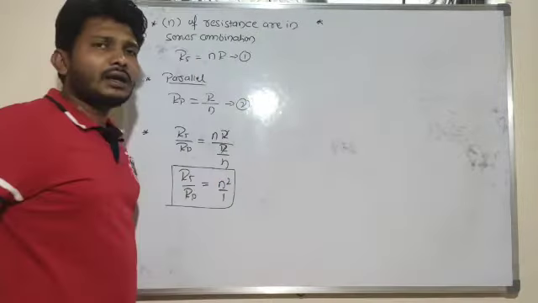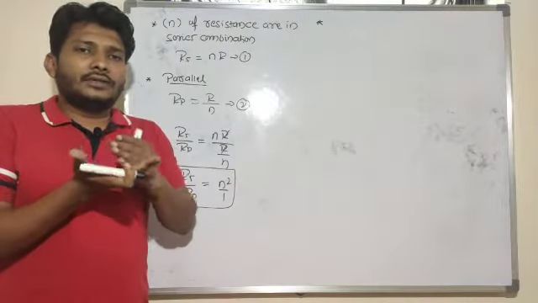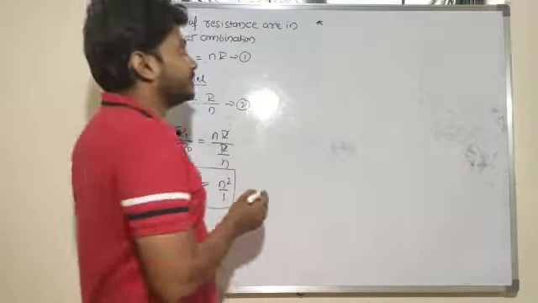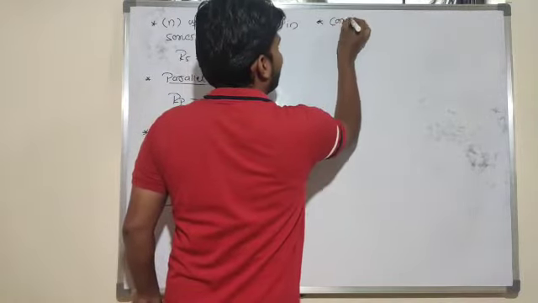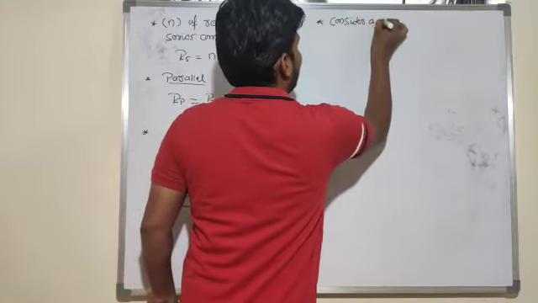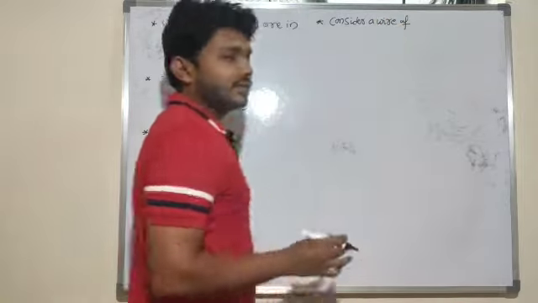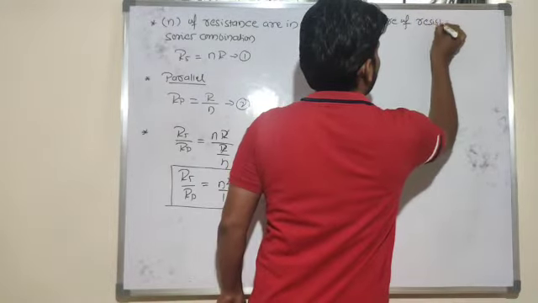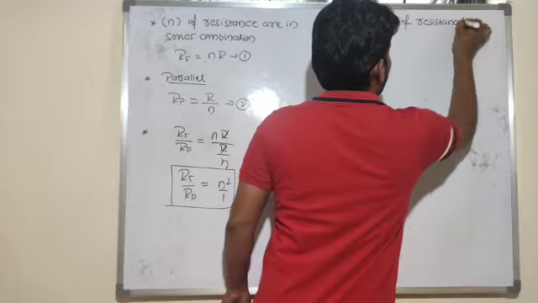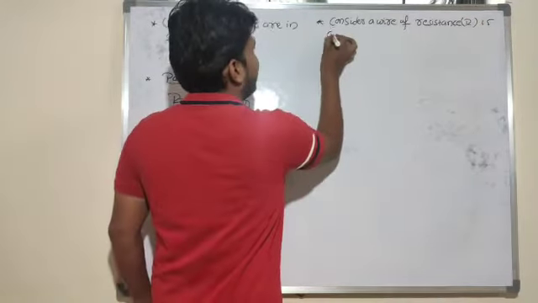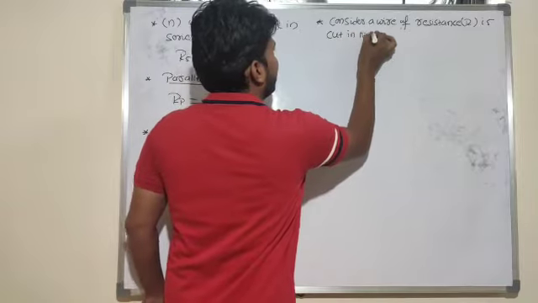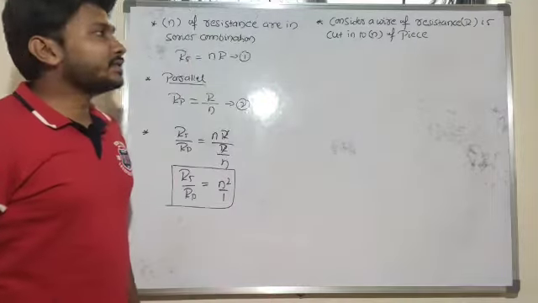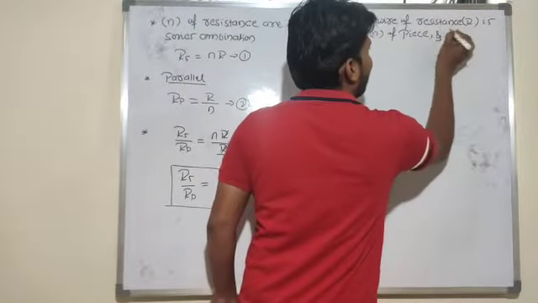Now suppose I consider one wire, and I break that wire into n number of identical pieces. Then what about the effective resistance? Consider a wire of resistance R that is cut into n number of pieces, and these pieces are connected in parallel.